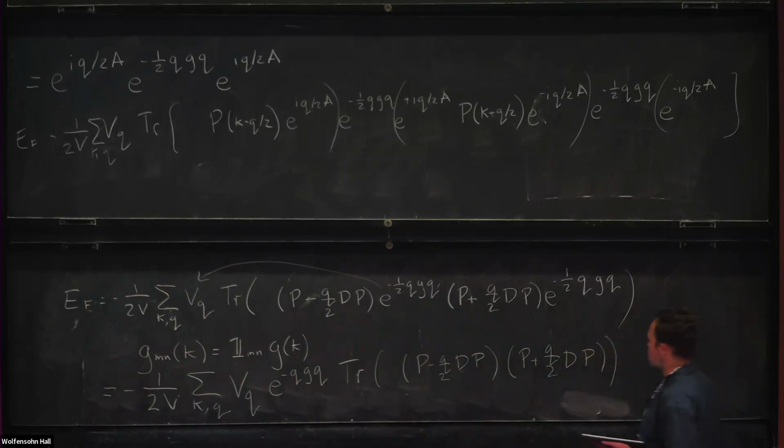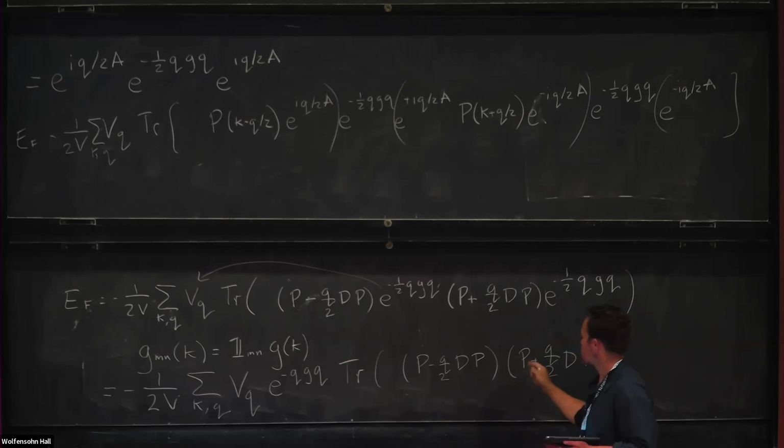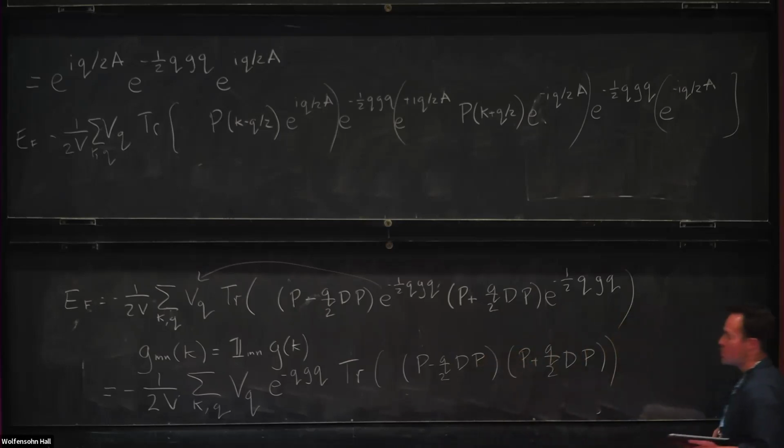And then you can expand this out. You're going to get 4 terms, a PP term, the cross terms, and then the dP squared terms. P squared by definition is P because it's a projector. And you'll notice that the cross terms between P and dP cancel each other by the cyclicity of the trace.